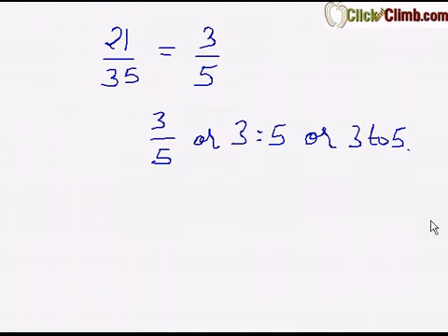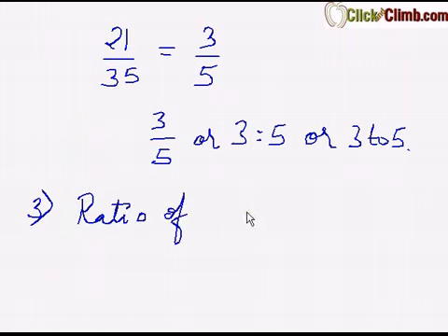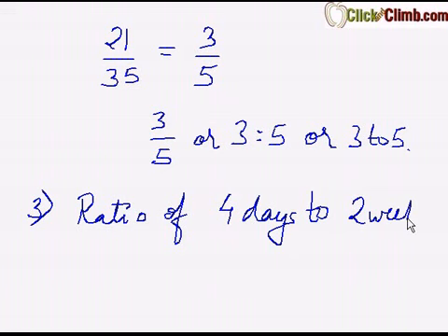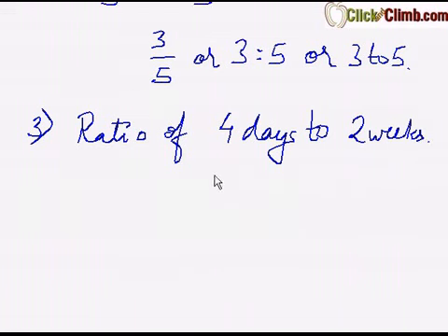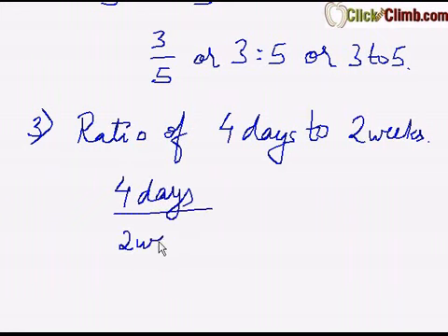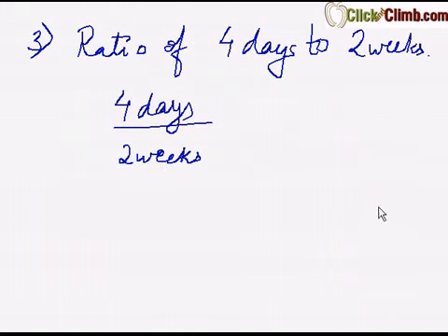Okay, so here comes another important thing. Let's take an example to understand that. Suppose I need to find the ratio for 4 days to 2 weeks. I have one quantity as 4 days and the other quantity as 2 weeks. I cannot proceed in this way, because ratios have to be of similar quantities.